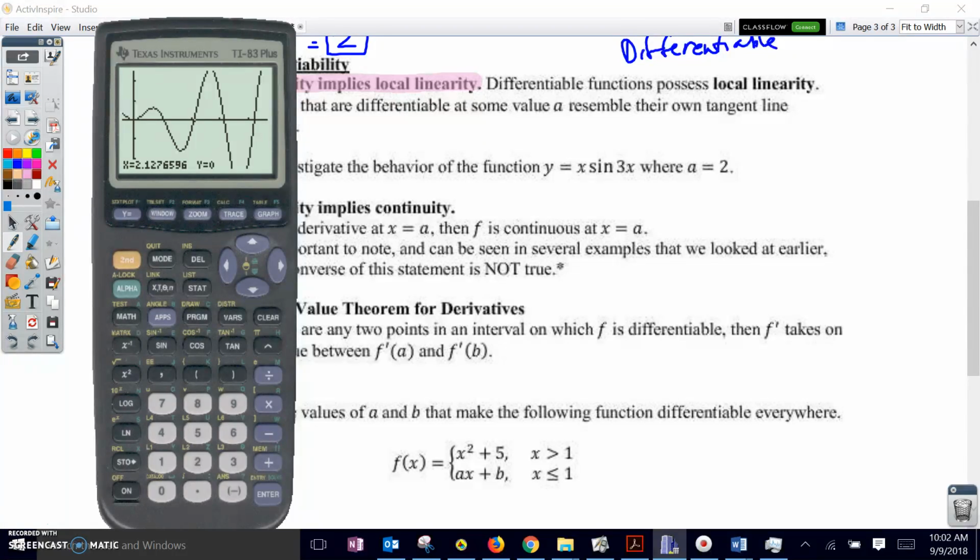And I'm going to zoom in again. I'm actually going to use the zoom box command and build a box around where x equals 2, in this neighborhood.